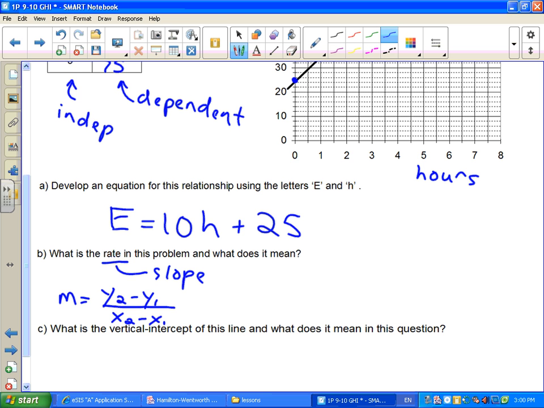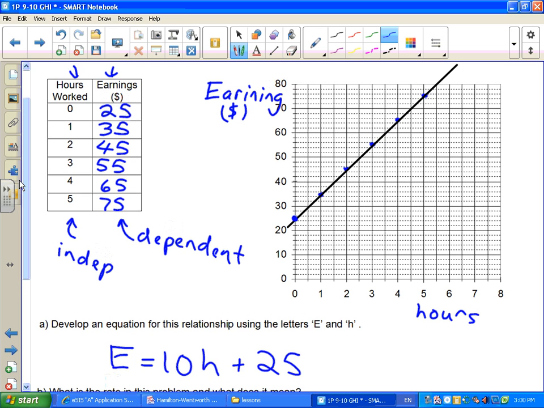And all I have to do is pick 2 points on my graph. So I could pick this first point right here, which I know has coordinates 0, 25. And I could pick the last one, which I know is at 5, 75. And I know that from my table.